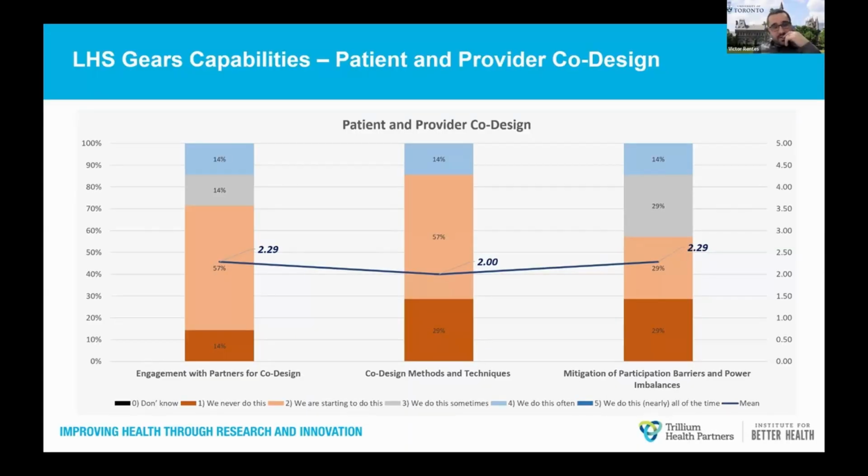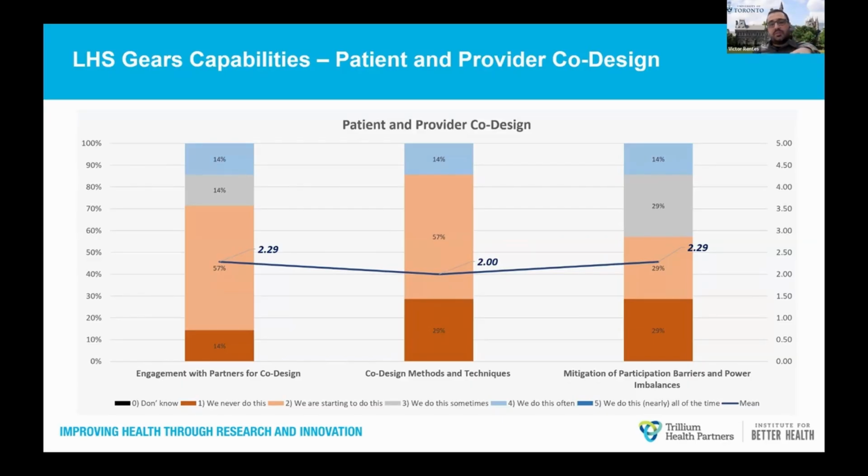What we had in our sample here is a little above 2. So the mean score for engaging with partners for co-design, that's our first activity in this gear. We believe that is the key component, the most important aspect of co-designing, is engaging with a diverse group of partners that are representative. So 2.29 in our sample.